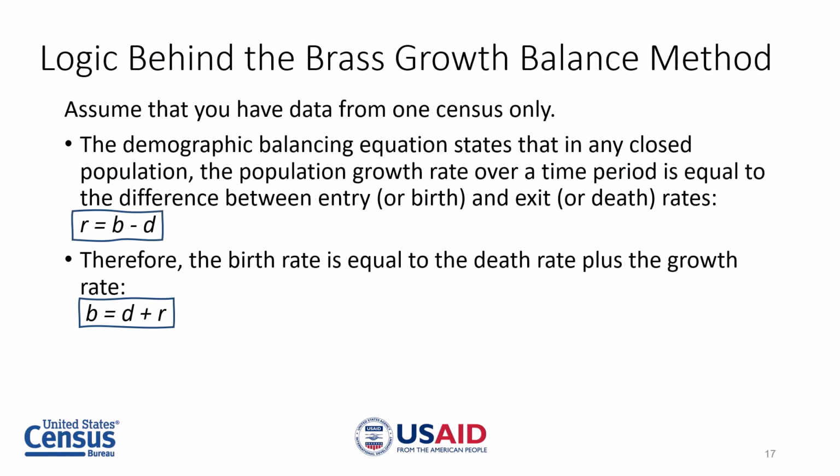If the census being analyzed is the only one in the last 15 years or so, or the only one ever, apply the Brass growth balance method. This method assumes that the underlying population is demographically stable. That is, birth and death rates have been constant for a long period of time, and the population age distribution has acquired a characteristic shape reflecting those birth and death rates.